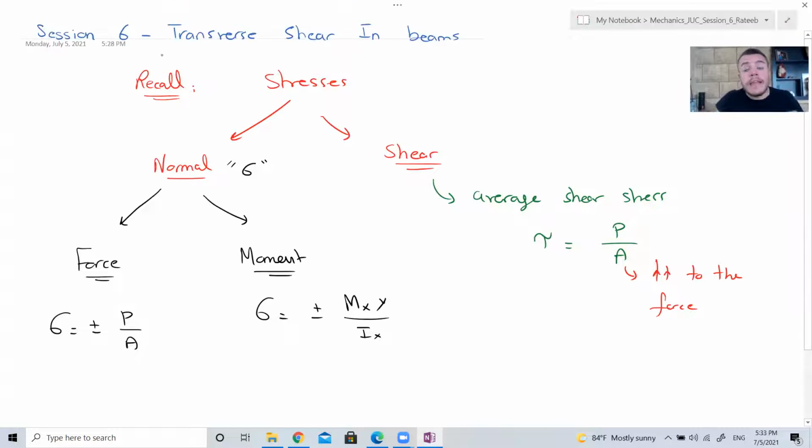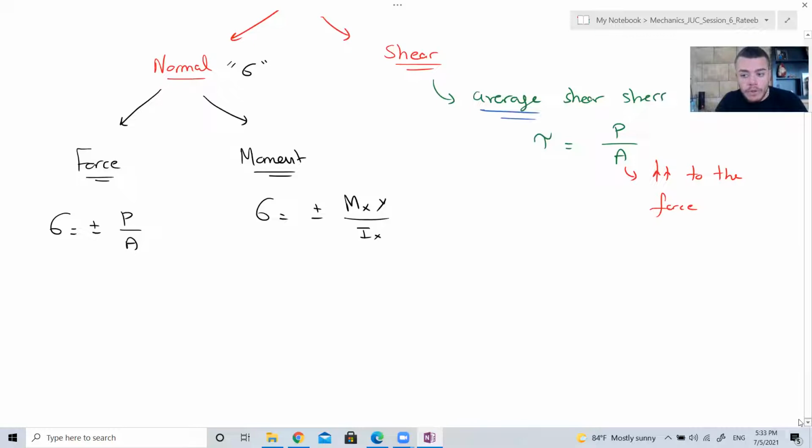هلا يا شباب بدنا نتعلم فورمولا جديدة عن الشير ستريسز which is the correct formula، لأنه هاي الفورمولا اللي تعلمتوها قبل it was based on average shear stresses. What we are going to learn today is the correct formula that will give you the shear stress at any point as you go deep and deep in the beam.